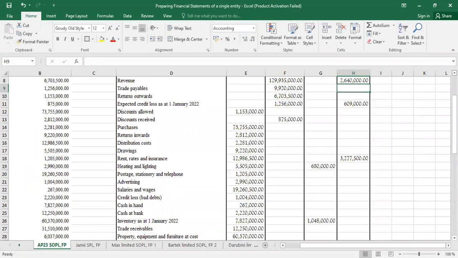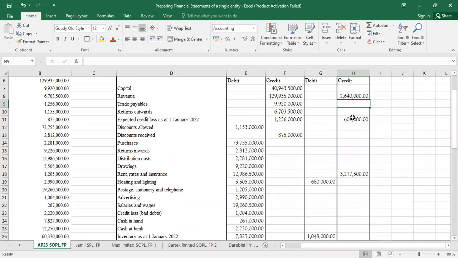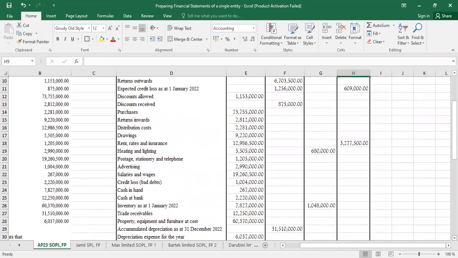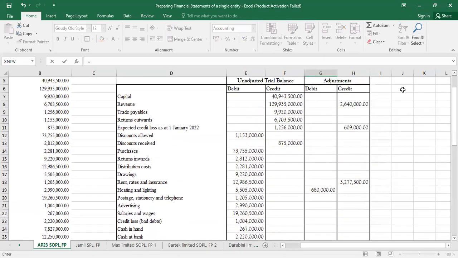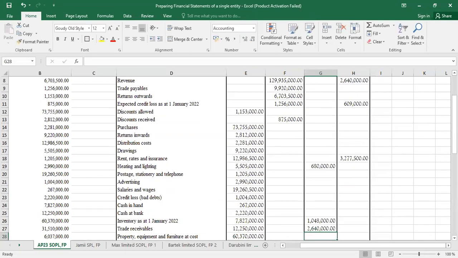The corresponding debit entry for this credit will be debiting our accounts receivable. That one we just confirm in the journal entries notes I sent you. We'll be debiting the account there. Then we move on.